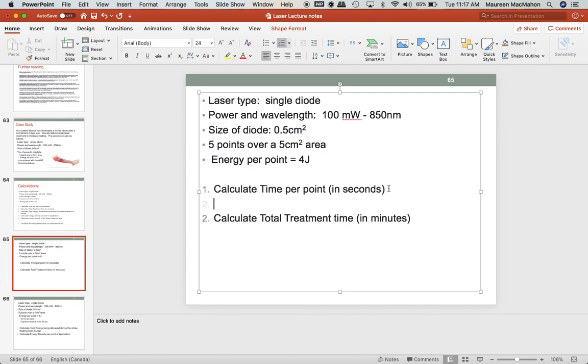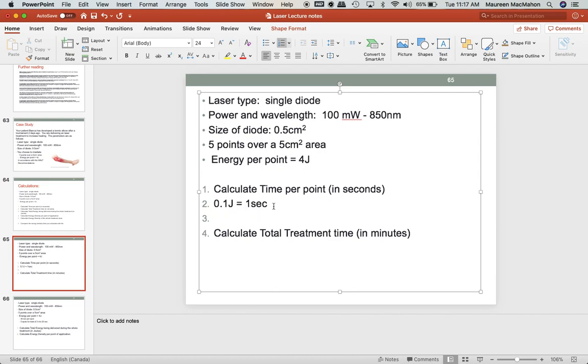Okay, so we know that power is joules per second, right? So our 100 milliwatts comes out to 0.1 joules per second. That's what a watt is. Now we want to deliver 4 joules. So 0.1 joules is delivered per second, equals 1 second.